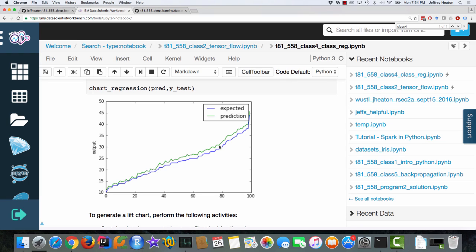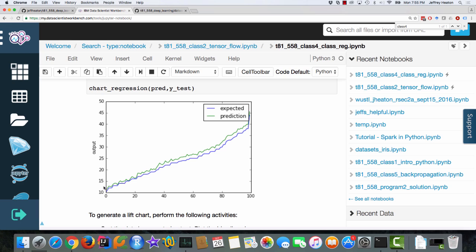One of the first things that I always want to know when I'm looking at a chart is, what do the axes mean? So it's very important to remember what the axes mean in the lift chart. The y-axis is always the output. So this is the miles per gallon.